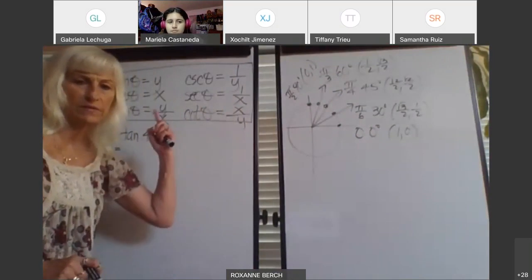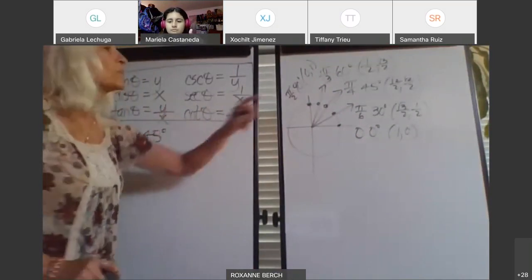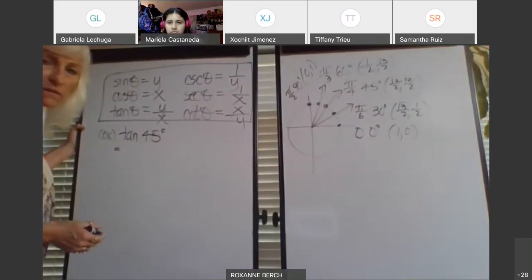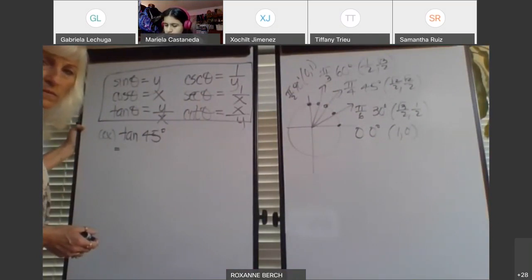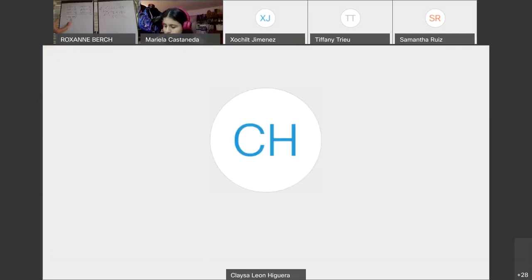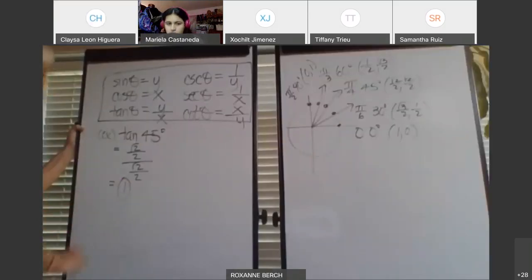Can you guys see the top of the screens? Okay. So what would tangent of 45 degrees be? Somebody tell me. Radical 2 over 2, and then radical 2 over 2. Yes. Good. And that's 1. Good job. That's exactly right.